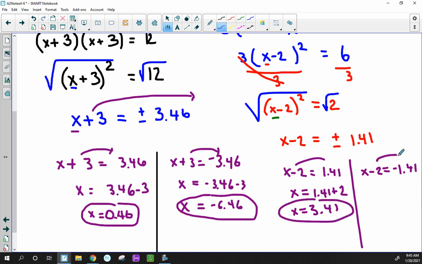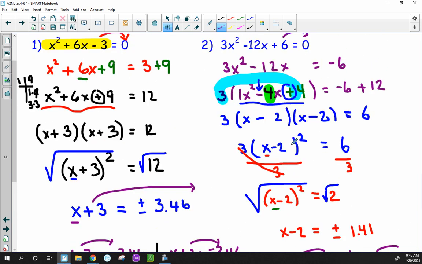Over here, when I transpose, x can be found by doing a negative 1.41 plus 2. Negative 1.41 plus 2 is going to be 0.59. And there are my two solutions for this problem.